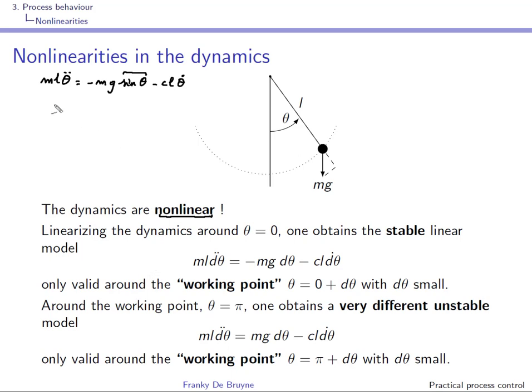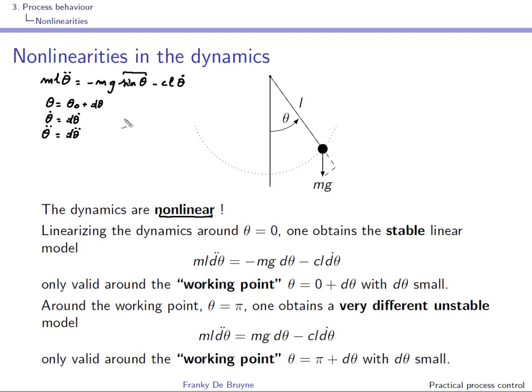So what we'll do is look at this differential equation in the neighborhood of theta equal to theta 0. This will be our working point, and we'll look at small variations around this working point. If we take derivatives, theta dot is equal to d theta dot, and theta double dot is equal to d theta double dot.